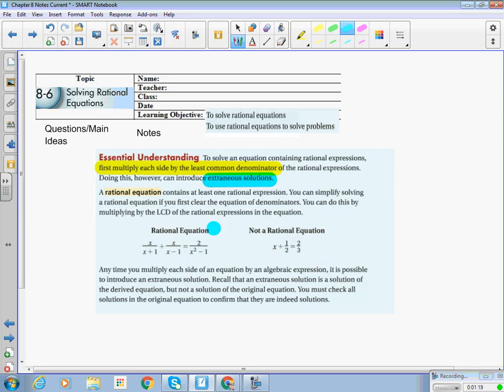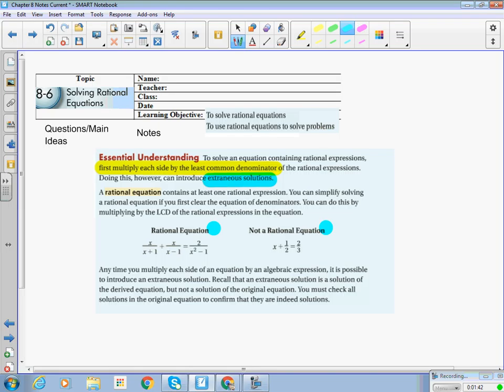A rational equation looks like this: x over x plus 1 plus x over x minus 1 equals 2 over x squared minus 1. Not a rational equation: this one does not have a polynomial in the denominator in any of the components, so it does not get to be a rational equation.